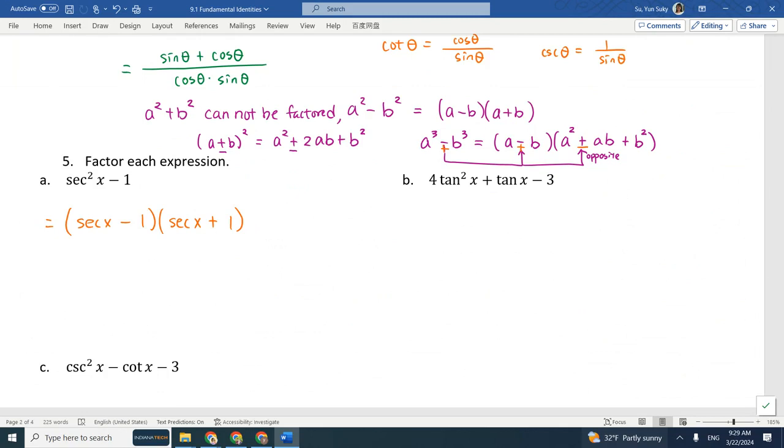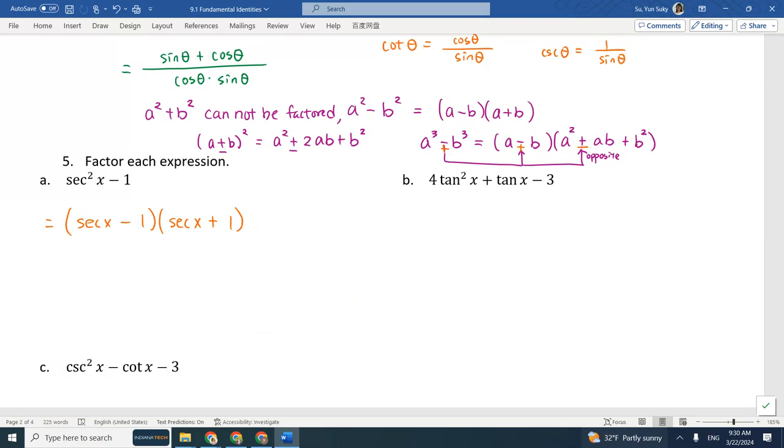Okay, and then B. This is 4 tangent squared plus tangent minus 3. So this is a quadratic type expression, and you have the tangent involved. If you're able to factor, you can factor directly.